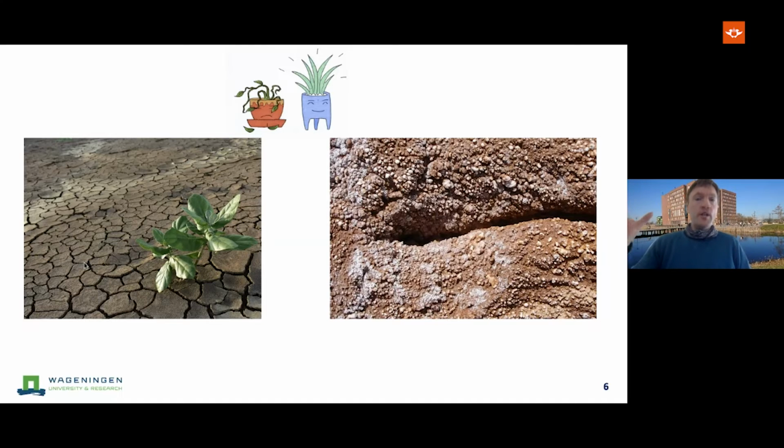I know that in Johannesburg there's quite some work being done on plants and microbes and how we can use them to help us to solve problems like drought stress, salt stress.